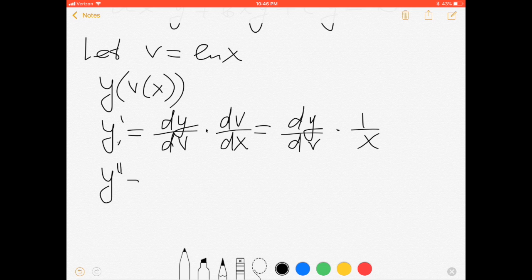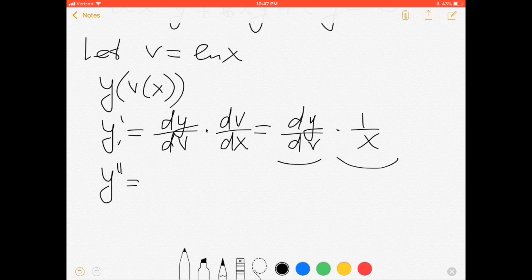What is the second derivative of y? Take the derivative of the first derivative one more time. Use the product rule and chain rule for the function y.